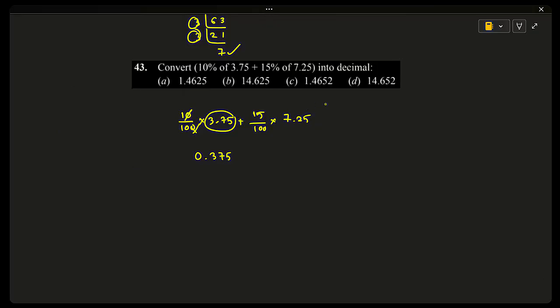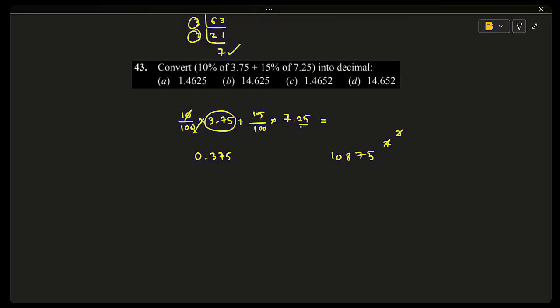First, let us do 15 into 725. 15 fives are 75, 5, 7 carry, 15 twos are 30, 37, 7, 3 carry, 15 sevens are 105 plus 3, 108.